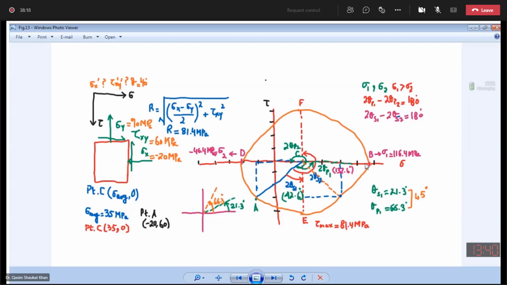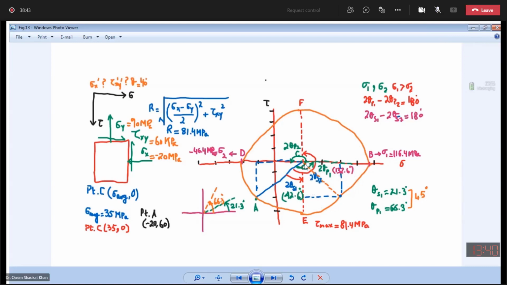And theta P1 is 66.3, and theta P2 is 66.3 plus 90, which is 156.3 degrees.